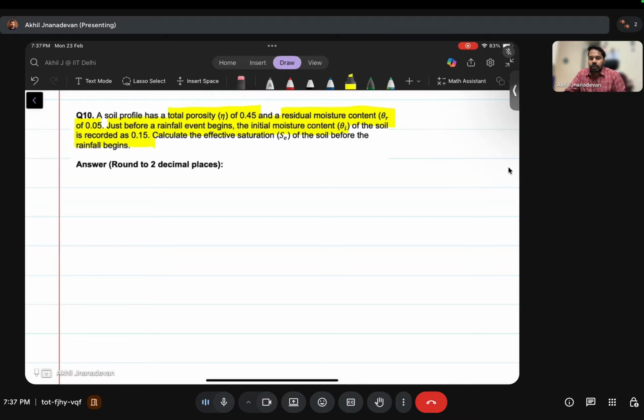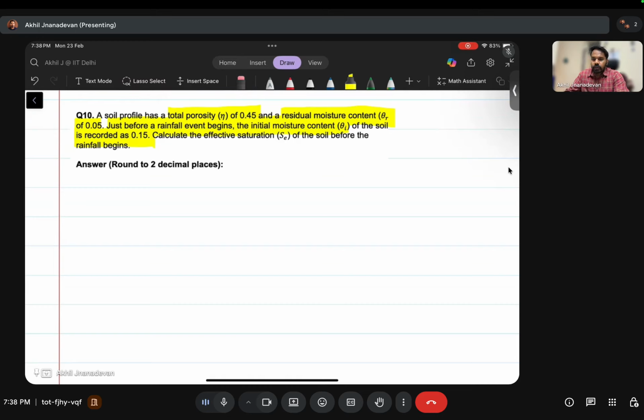Okay, calculate the effective saturation. What is effective saturation? That is another concept. All these terminologies were introduced while we were discussing the Green-Ampt method, which is another analytical or theoretical method used to solve the Richards equation, right?